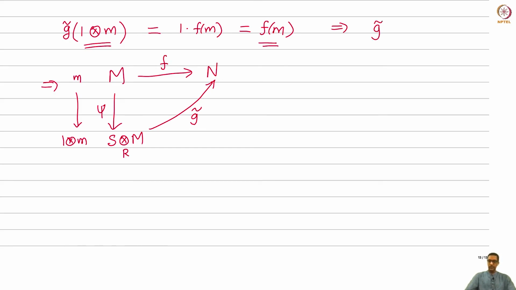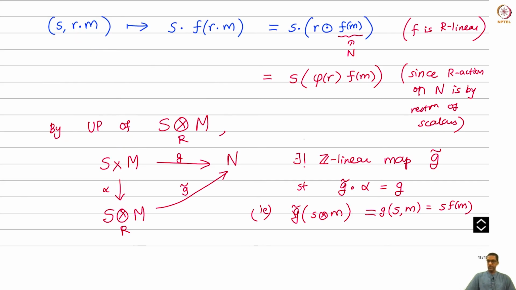So G tilde composed with psi is in fact F, because it maps 1 tensor M to F of M. And G tilde is certainly unique. This property uniquely defines G tilde. That's because of this universal property. From here we know there can only be one map which does this for all S and M. Okay, good.